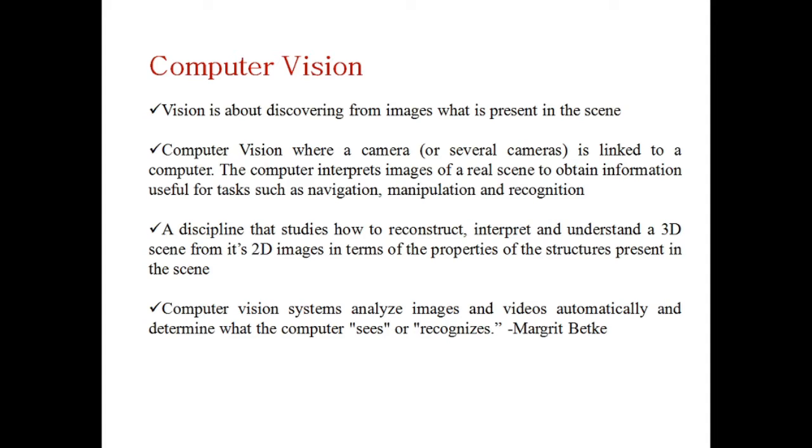Another definition is that it is a discipline that studies how to reconstruct, interpret and understand a 3D scene from the given 2D images in terms of the properties of the structures or objects present in the image or scene. In computer vision, the main objective is to build a machine that can process and interpret images or videos just like our human visual system does.